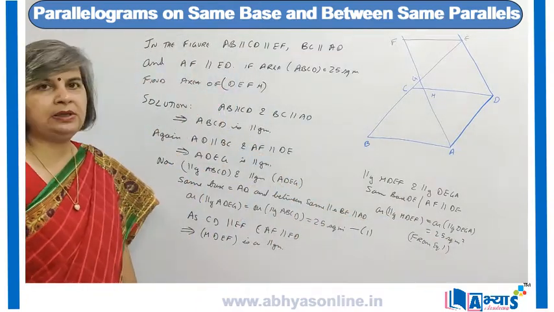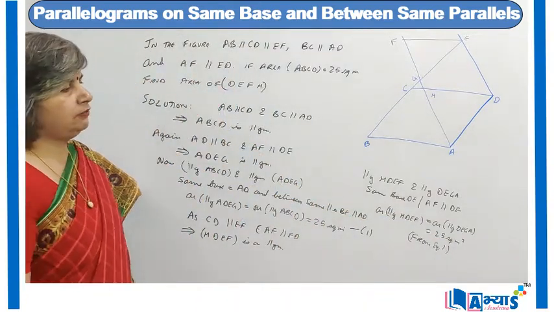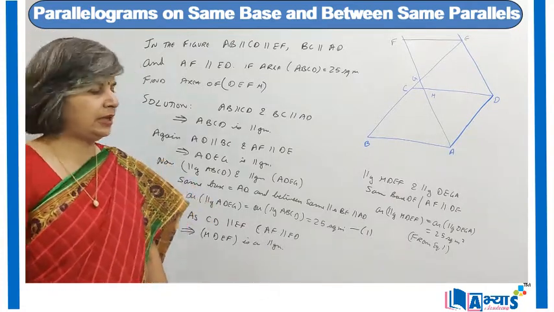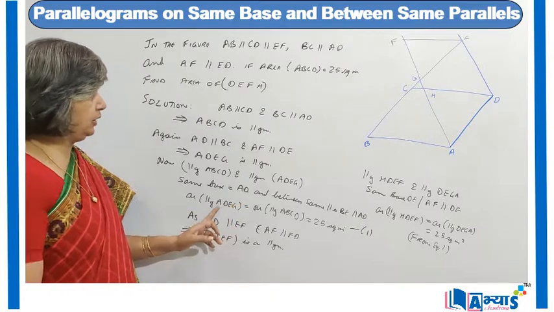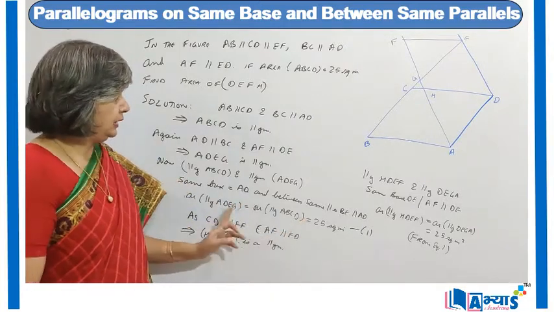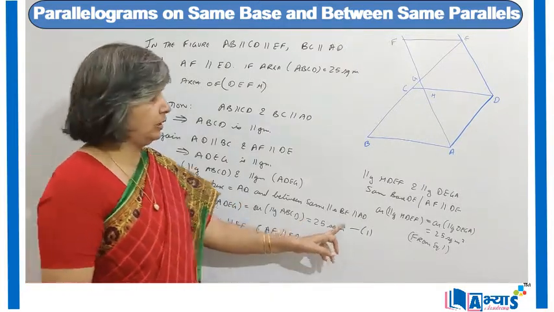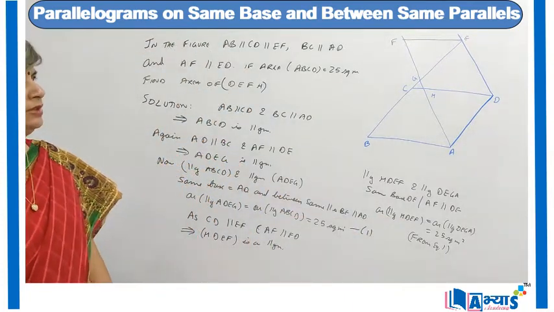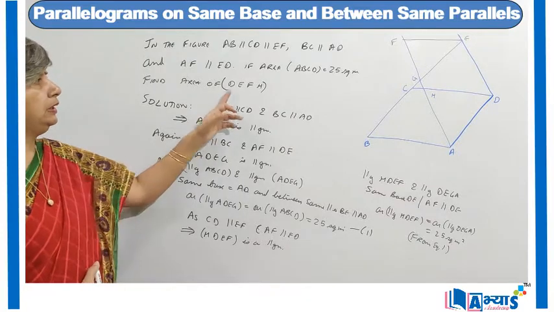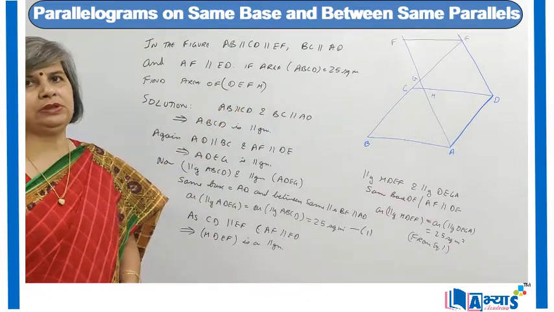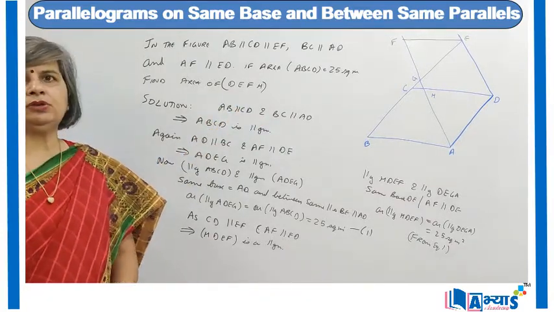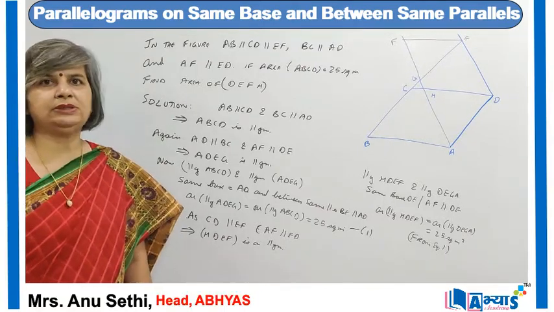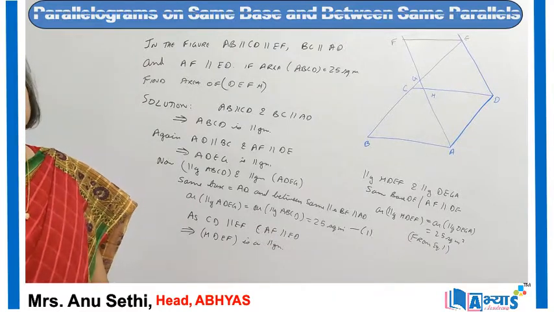So the area of parallelogram HDEF is equal to the area of parallelogram DEGA, which, as we found in equation 1, is 25 square meters. So the area of parallelogram HDEF will be 25 square meters. Hence we have found the area of the parallelogram DEFH, which is 25 square meters. So this is how we can use the concept that if we have two parallelograms on the same base and between the same parallels, then both the parallelograms will have equal area.